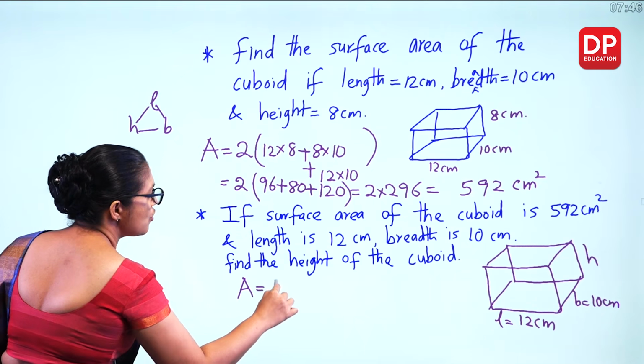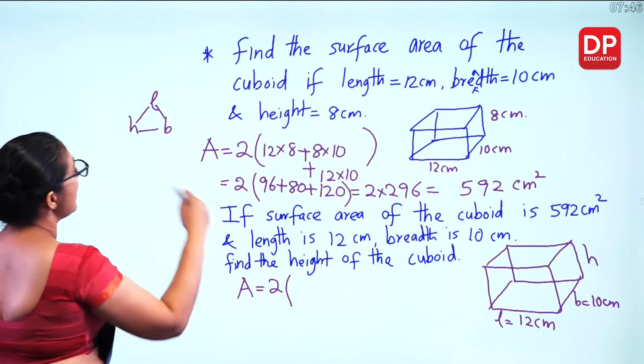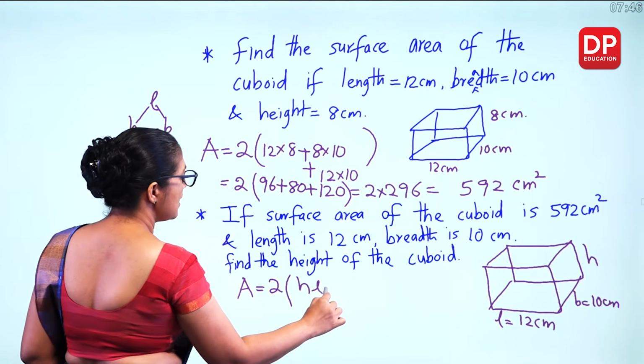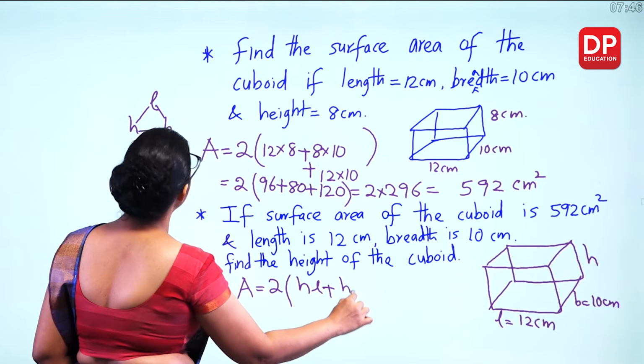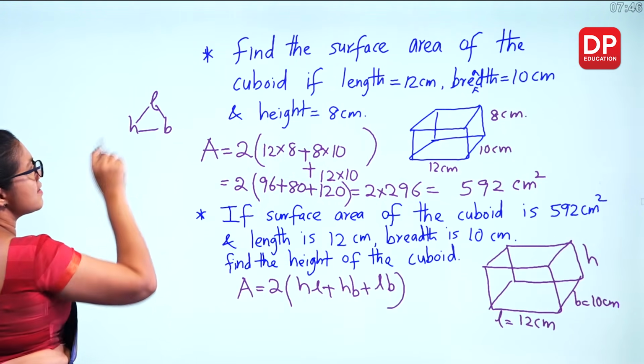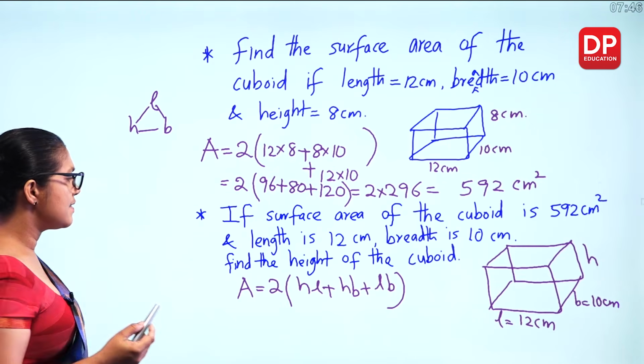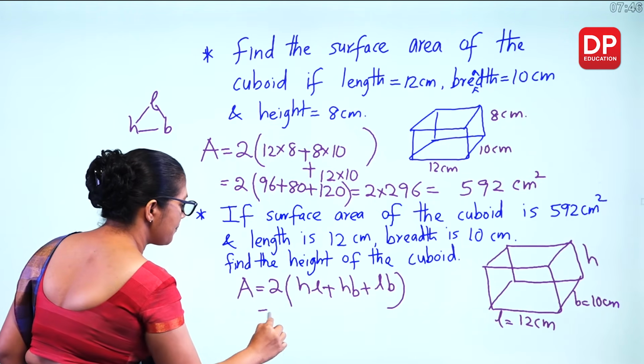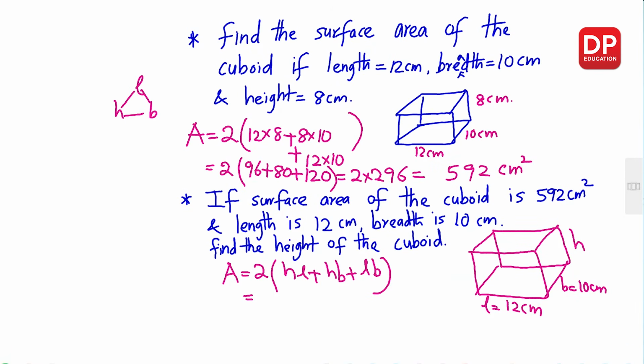What's A? 2 times HL, HB, LB. So here, think about this triangle. It's really easy to memorize that. Then you substitute the values. Area is given 592. 2 times H. H we don't know.